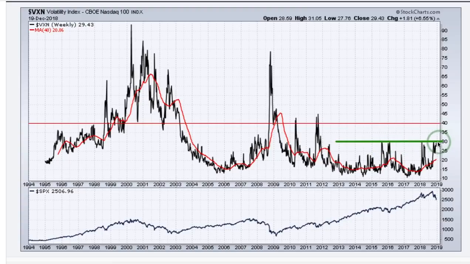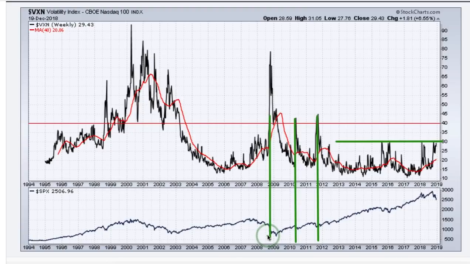It's hit that 30 level a couple of times. But you can see prior bottoms, you needed to get above 40. And even when you got above 40, it didn't bottom right away sometimes. It took a little while. And there you can see the big move above 40 at the end of 2008.